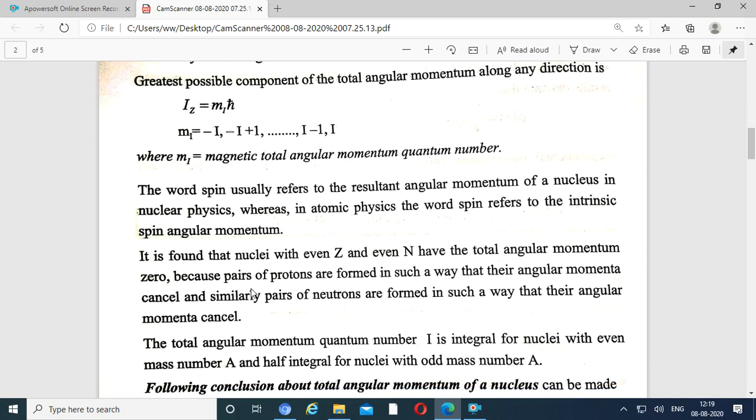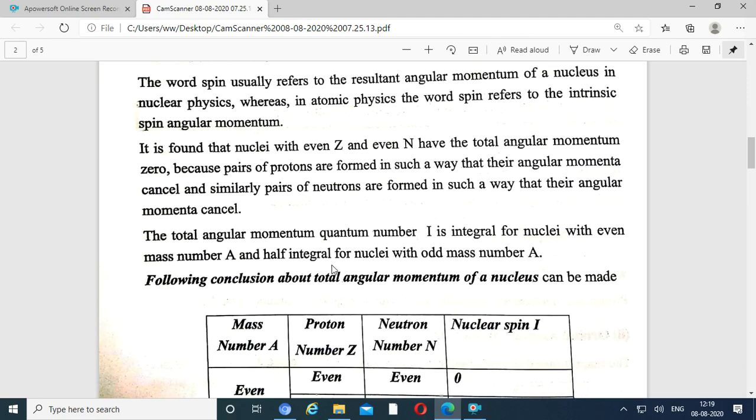It is found that nuclei with even Z and even N have total angular momentum 0, because pairs of protons are formed in such a way that their angular momenta cancel, and similarly pairs of neutrons are formed in such a way that their angular momenta cancel. The total angular momentum quantum number I is integral for nuclei with even mass number A and half integral for nuclei with odd mass number A.